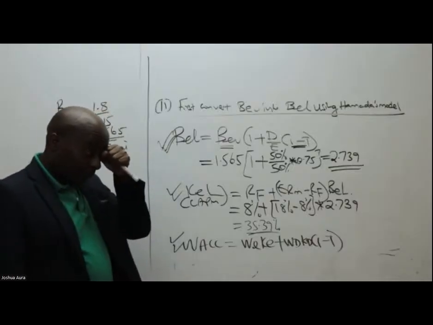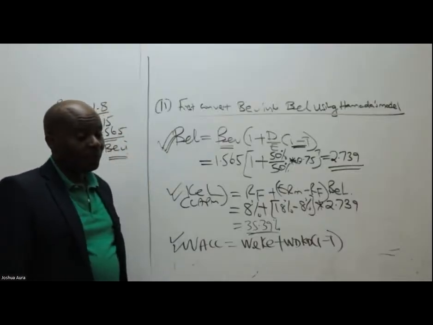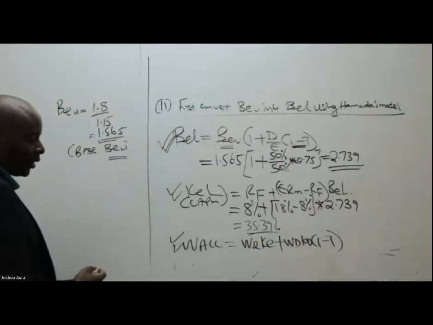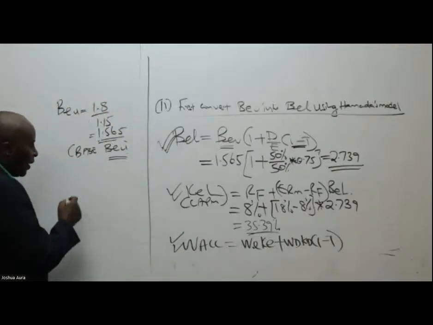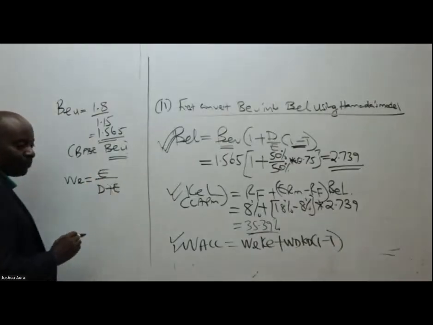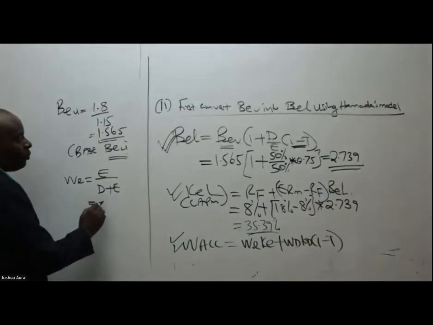Let's see. Or weight of debt. So remember that the weight of equity really is 0.5. The weight of equity here will be the equity component over debt plus equity. The equity component, you gave me 50. It's 50-50.